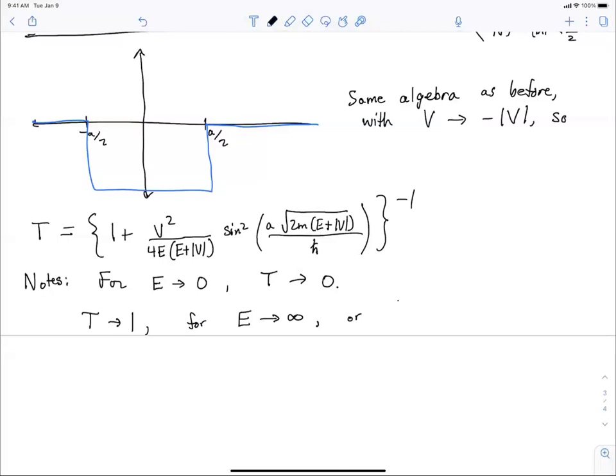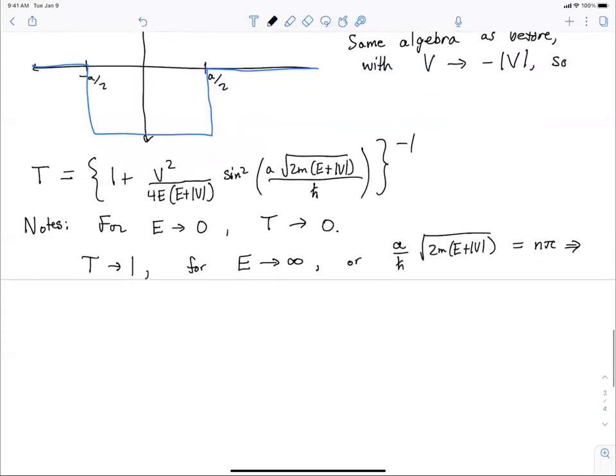So that would be a over h bar, square root of 2m (E plus V), is some integer multiple of pi. Or another way of saying it is that it will happen if the energy of the particles you're sending in is minus V plus, I'm just going to solve that previous equation, h bar squared n squared pi squared over 2ma squared.